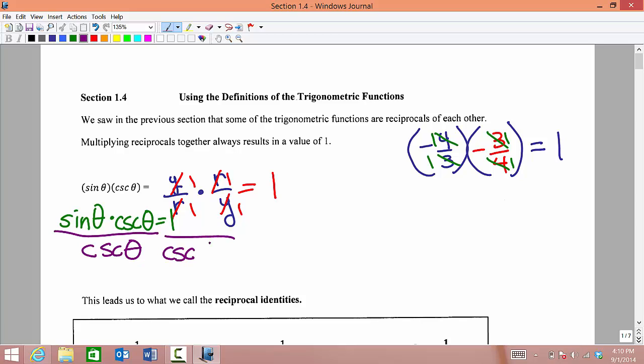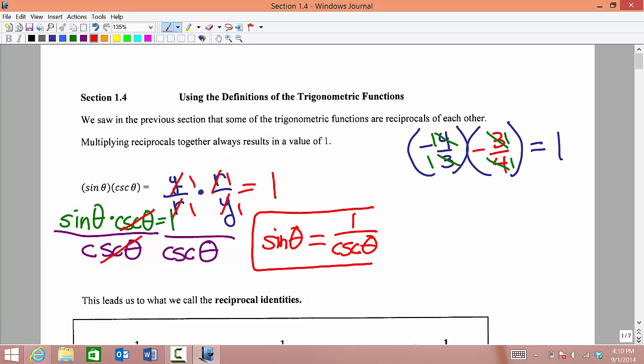Anytime that we use the function name, we always use the input angle. So it's cosecant theta, not just cosecant by itself. Cosecant theta divided by itself would be 1. That would leave us with sine theta is equal to, now the cosecants have canceled out, 1 over cosecant theta. So this is what we would call a reciprocal identity.